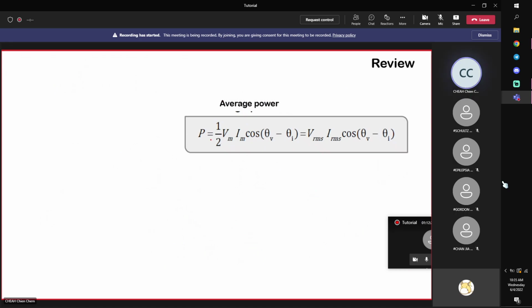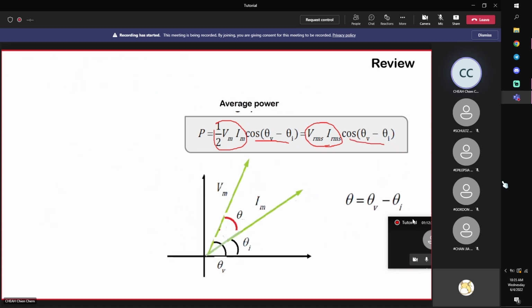Now we know that average power, if using the peak values, is half VmIm cosine theta. If using RMS values, then you use VRMS IRMS cosine theta. Next, we know that phasors are complex numbers, correct?